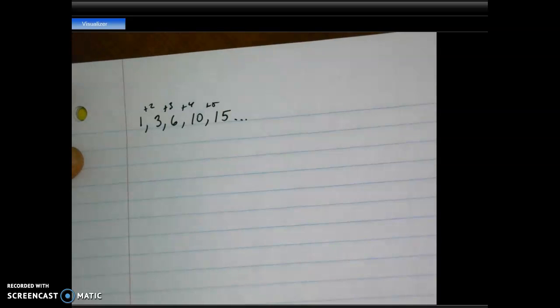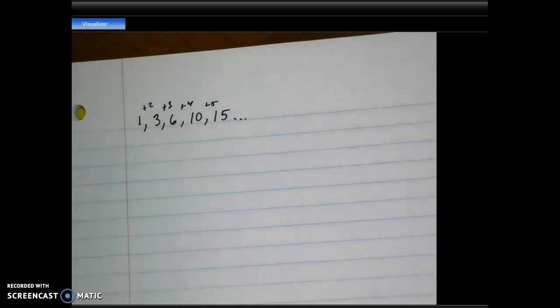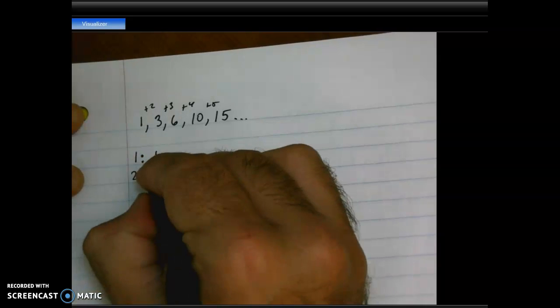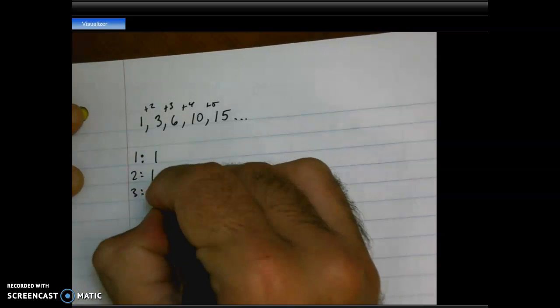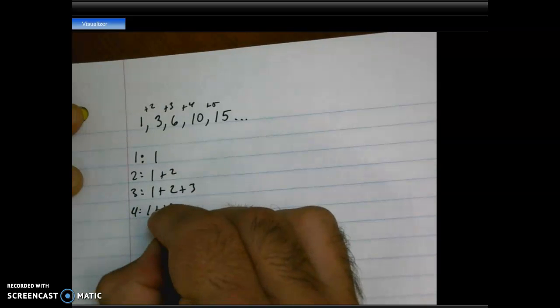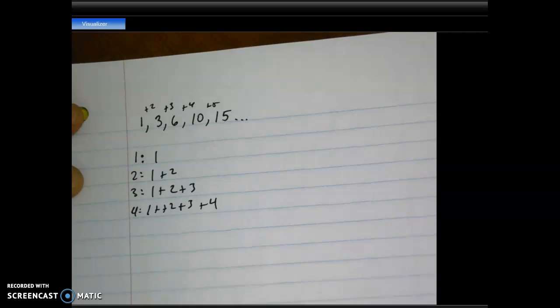Then plus 3, plus 4, plus 5. So we're adding, but the number that we're adding is increasing. Our first term is 1. Our second term is 1 plus 2. Our third term is 1 plus 2 plus 3. Our fourth term is 1 plus 2 plus 3 plus 4.